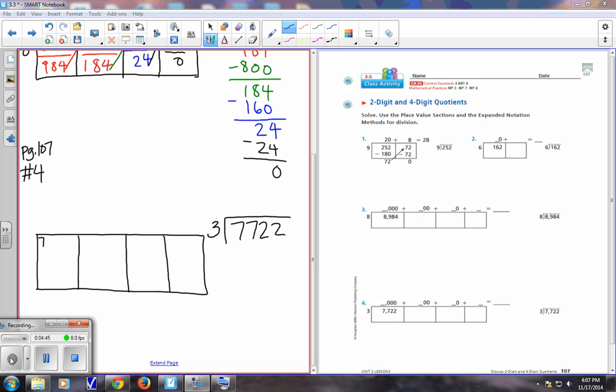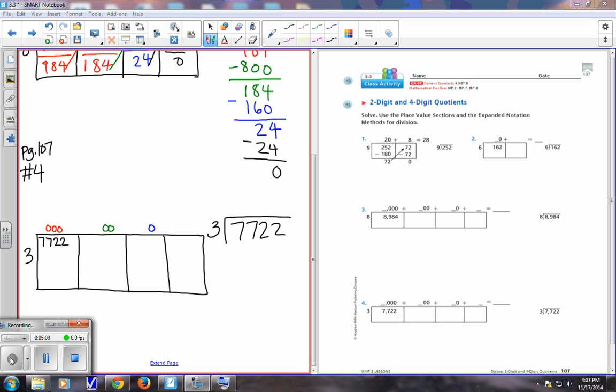So I'm going to make sure that in my place value sections model that I have 4 sections to deal with. So again, I like to set this up because I know I'm looking at the thousands. And then I'm looking at the hundreds. Then I'm looking at the tens. And then I'm looking at the ones.